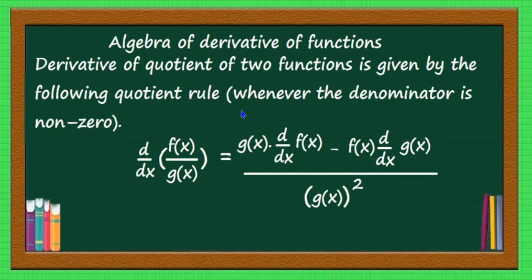And the fourth rule is called the quotient rule. The derivative of a quotient of two functions is given by the following rule, called the quotient rule, when the denominator is non-zero.